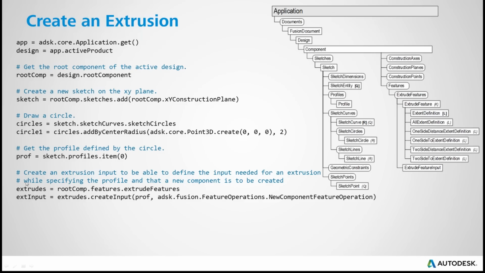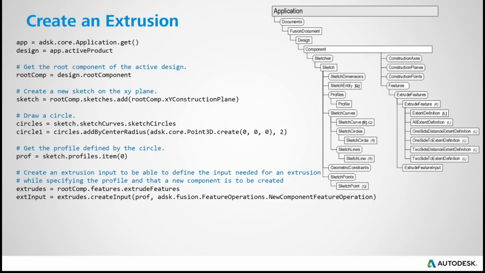So I have this extrudes variable, which is referencing this extrude features collection, and I call a method on that extrude features collection called create input. This is a concept that's used fairly frequently in the API, and mostly for creating slightly more complex objects. When I create an input, here I'm passing in the profile and then what kind of operation I want to do.